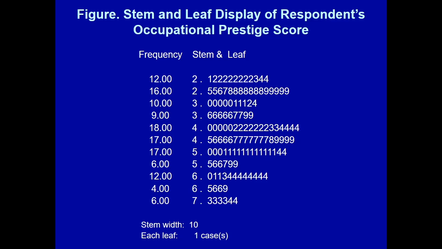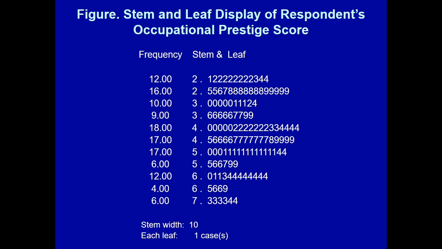Another example of what SPSS puts out for you if you ask it to make a stem and leaf display is this table here. On the left in this table is the frequency, or the number of observations, or the number of leaves that appear in each stem. Here we have the stem width being 10, and each leaf identifies one case.